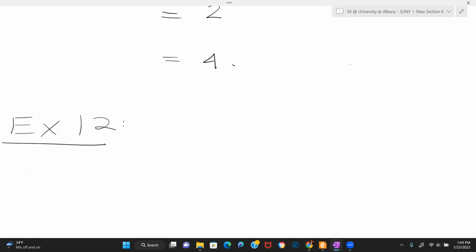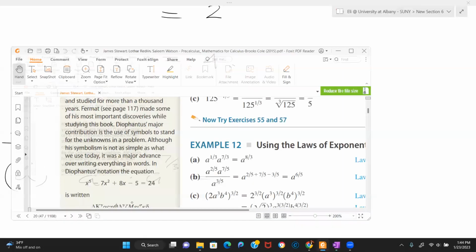So let's do A. We have a to the 1/3 times a to the 7/3. The same rules that we've been using about adding exponents apply for rational exponents too. You can prove those same laws. So let me pull this table up.